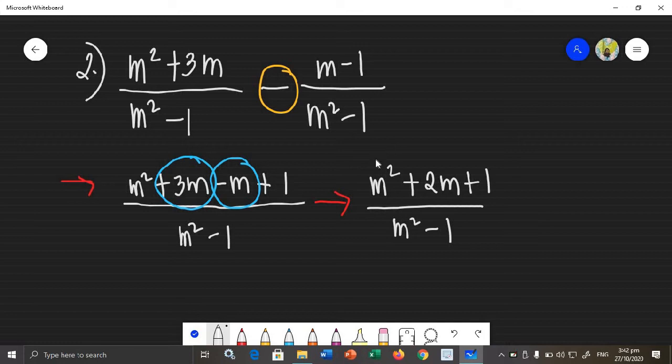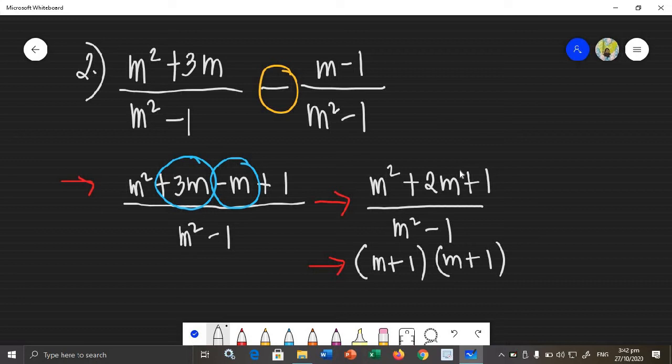Right after that, we observe if this answer is already in lowest terms. It is not yet simplified, therefore we will factor this. The factors of the numerator are the quantity m + 1 times the quantity m + 1. How did that happen? The factors of m² are m and m.